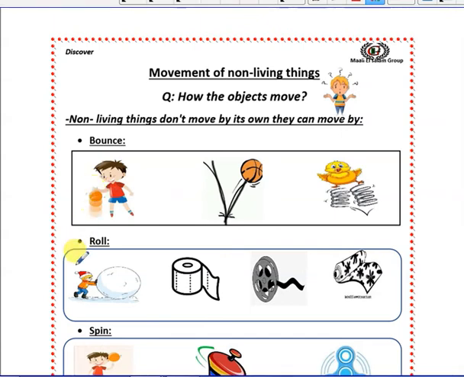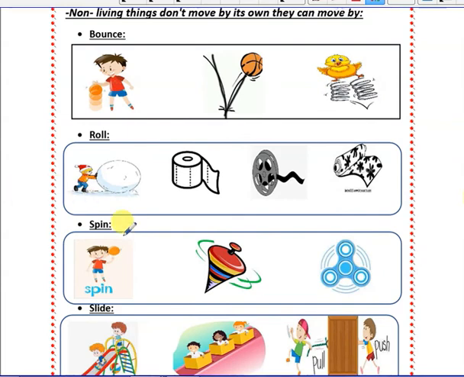The movement number 2 is roll. Like the rolling of this paper. This paper moved by roll. The third movement is spin. This ball can spin or move by spin.